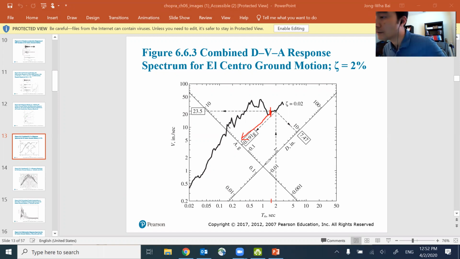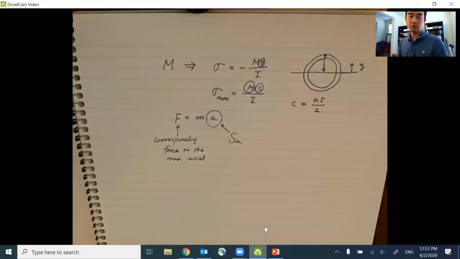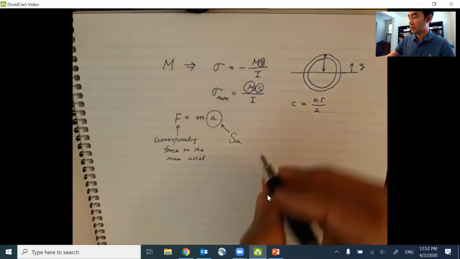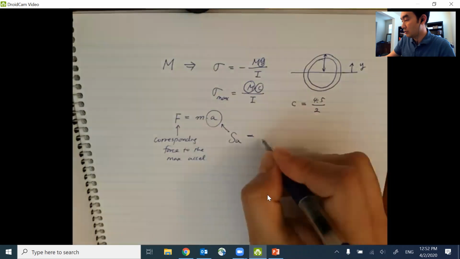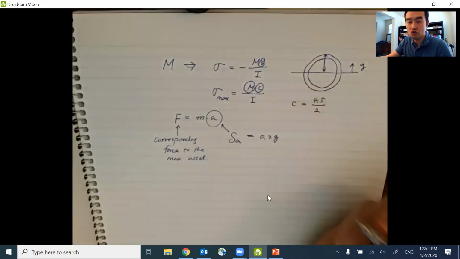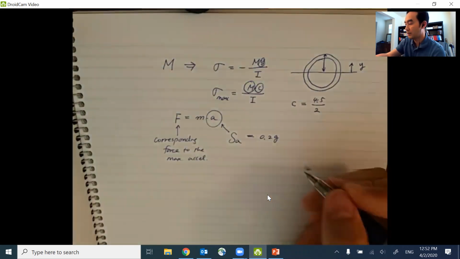Let's see. Yeah, maximum acceleration is exactly 0.2 in g. So the unit is in g. Okay, so that's how we read the spectral acceleration. So go back to the screenshot. So this SA is going to be equal to 0.2 in g, right?